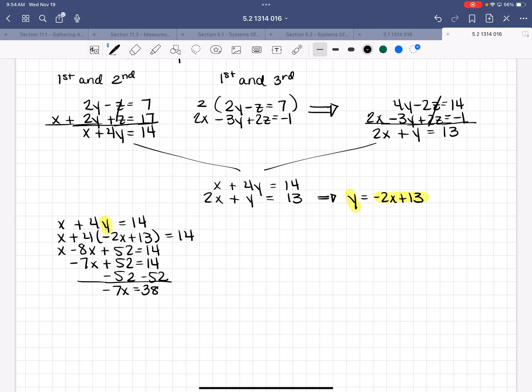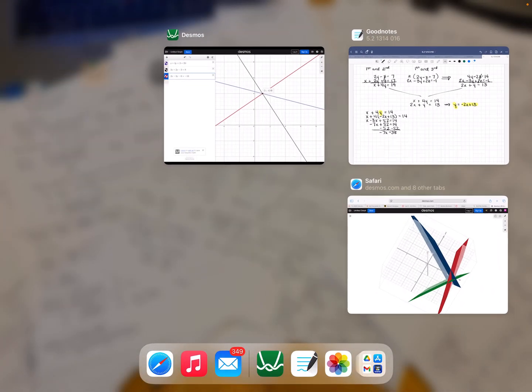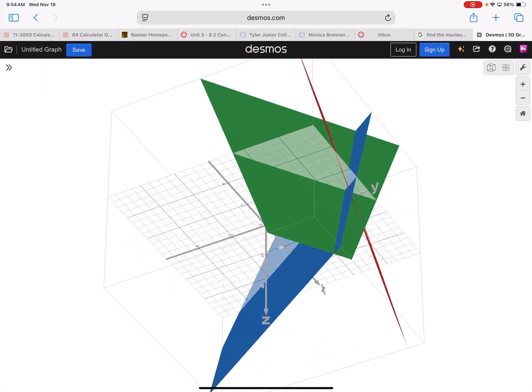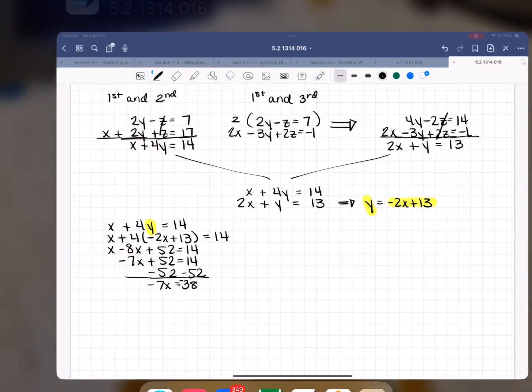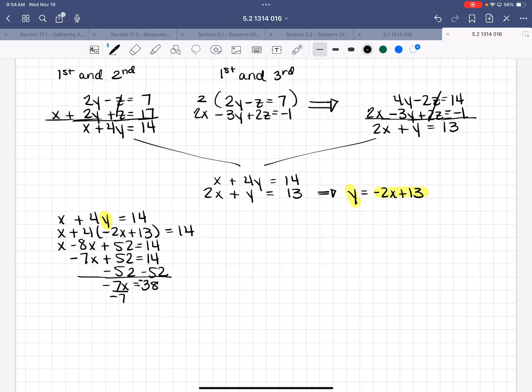Is it negative 38? Somebody tell me. Y'all are going to make me, on recording, go over here and question myself. Okay. Divide by negative 7. I don't like that we have that fraction. And I get x equals 38 over 7. That is not friendly.